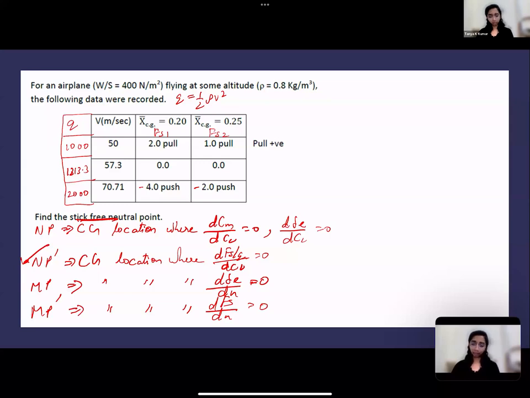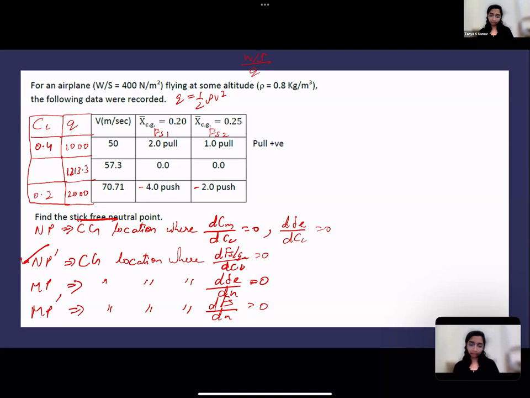CL value. All right, let's find out CL. Add another column. CL is you can just do W upon S by Q. Now that you've already found out Q, W upon S is 400, so 400 by Q. 400 by 1000, 0.4, 400 by 2000, 0.2.